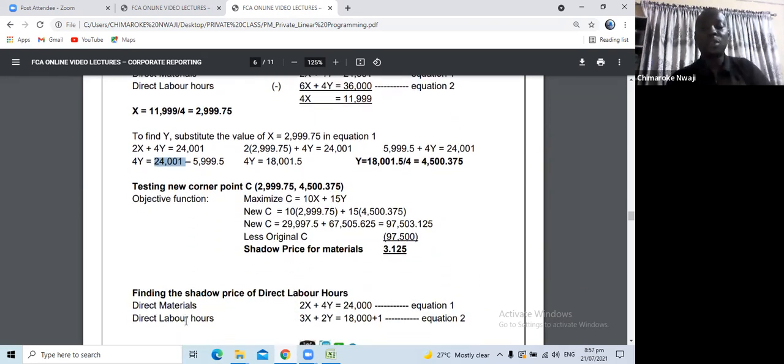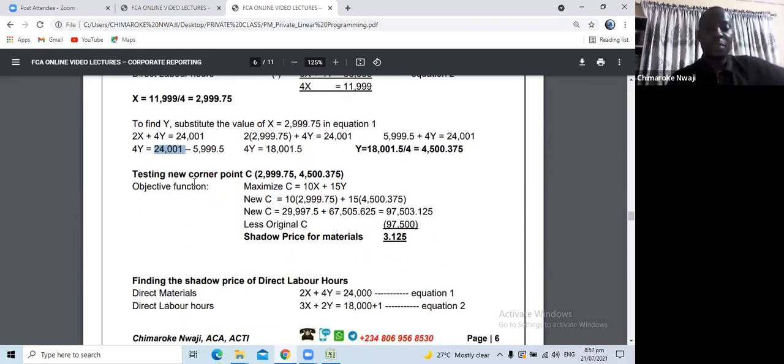And so we test the corner again for point C. Test the corner and we look at the objective function here. We put the new values of x and y, gives us 97,503.125.